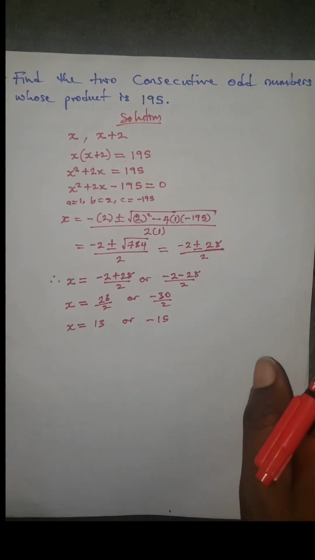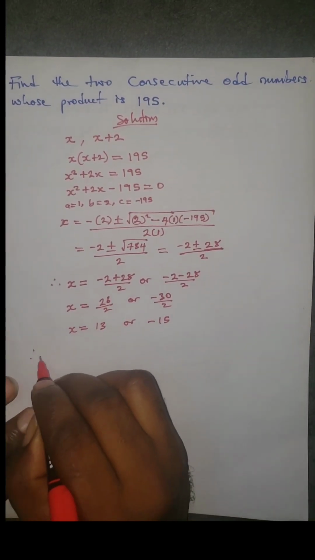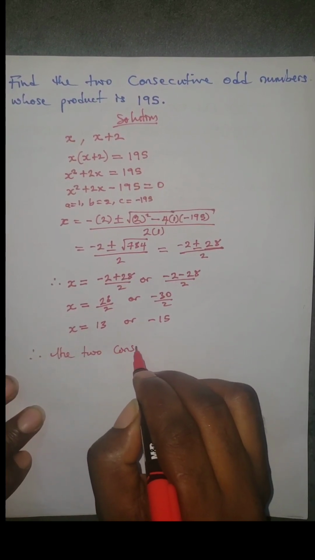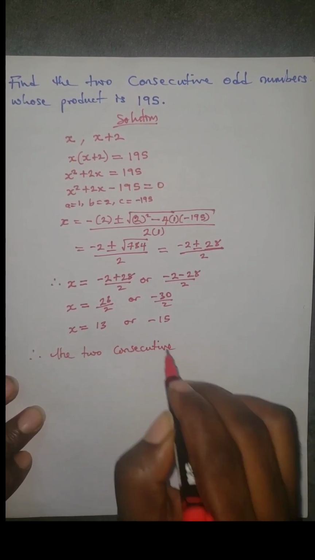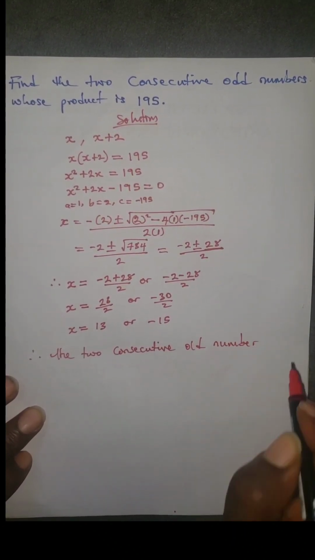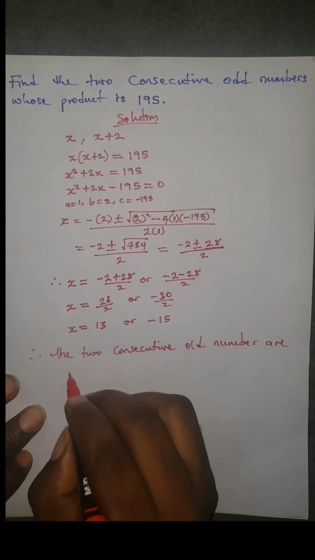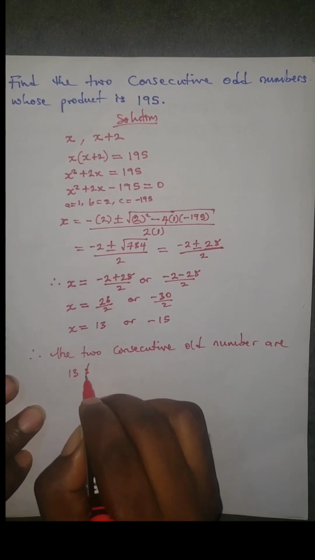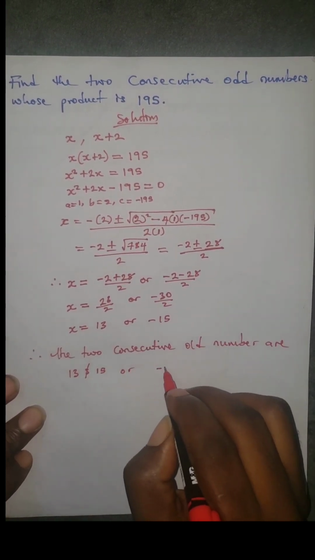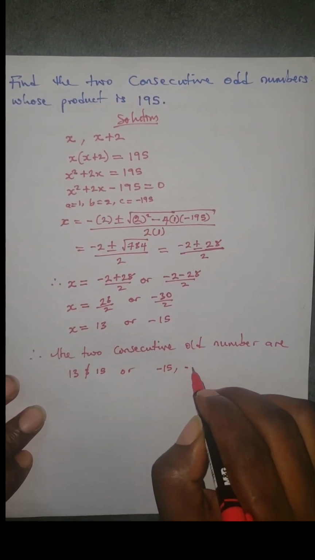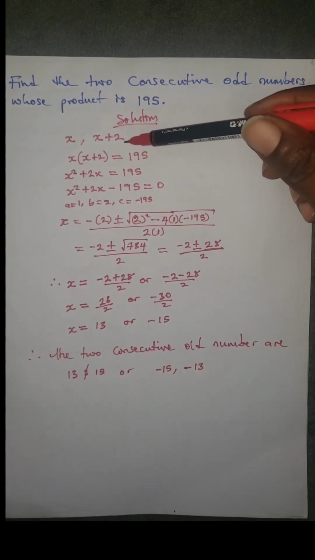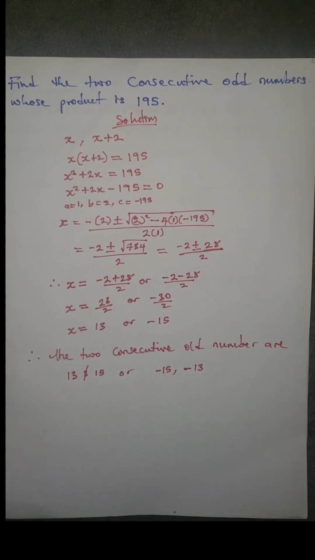So if that's my x, therefore the two consecutive odd numbers are 13 and 15, or minus 15 and minus 13. So when you just add 2 to each of them, you get the next value.